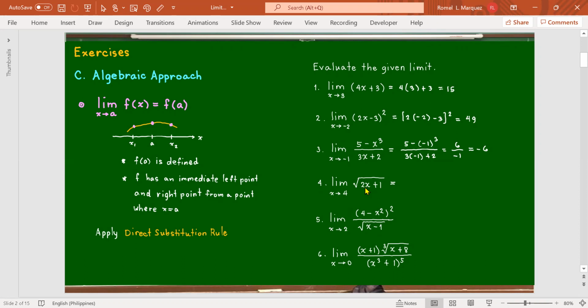Limit of the square root of 2x plus 1 as x approaches 4, because the limit of the radicand is positive, no? When x is getting closer and closer to 4, we can apply direct substitution. Okay? So 2 times 4 plus 1.